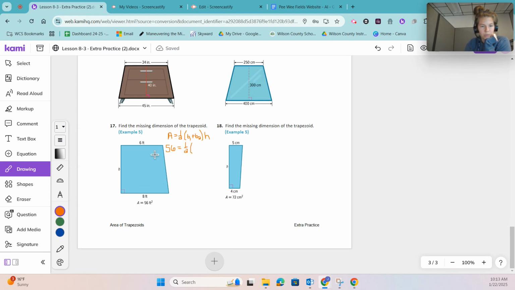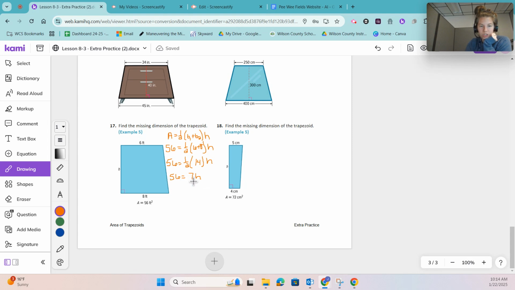And then they give us base 1 and base 2, 6 plus 8, and we're trying to find height.